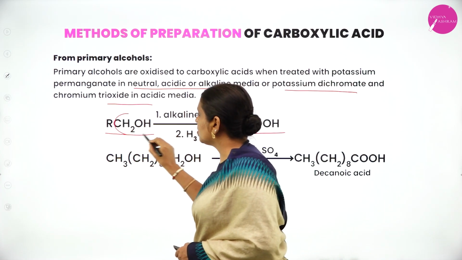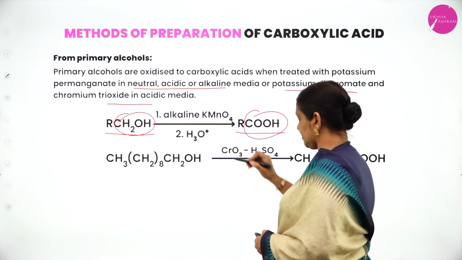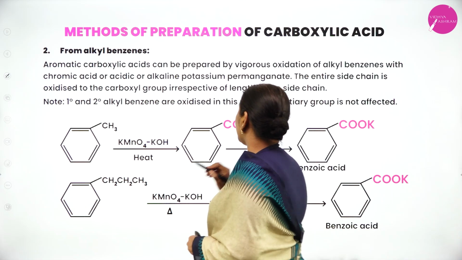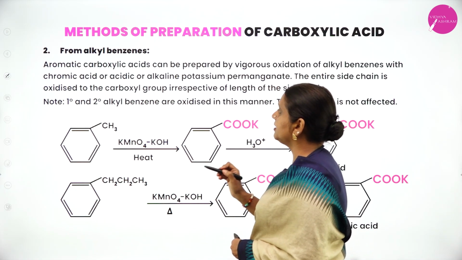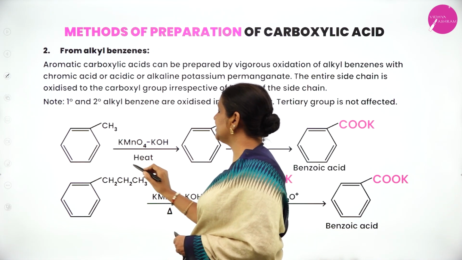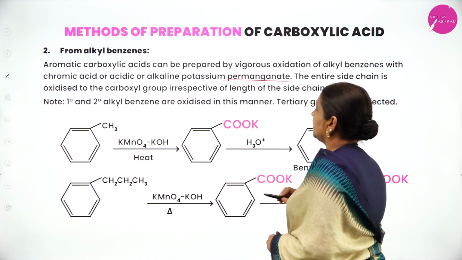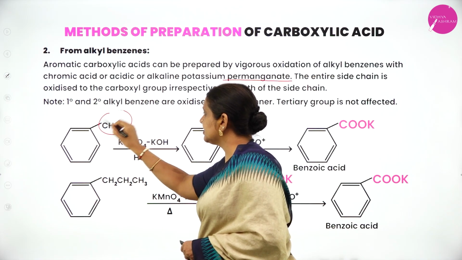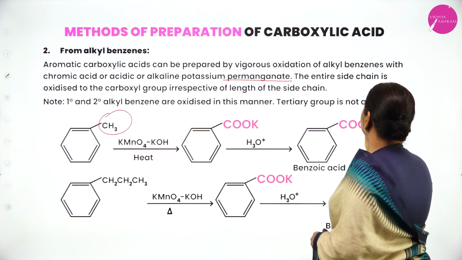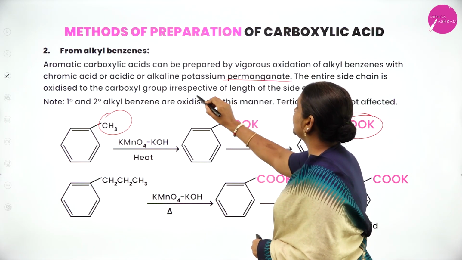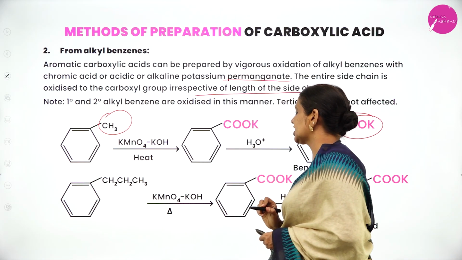The primary alcohol group is converted into a carboxylic group. Next, from alkyl benzene. Aromatic carboxylic acids are obtained by the oxidation of alkyl benzene in the presence of chromic acid or alkaline potassium permanganate. The entire side chain is oxidized to a carboxylic group irrespective of the length of the side chain.